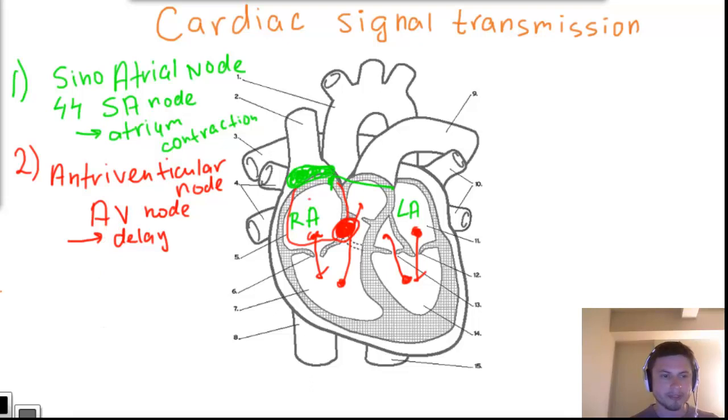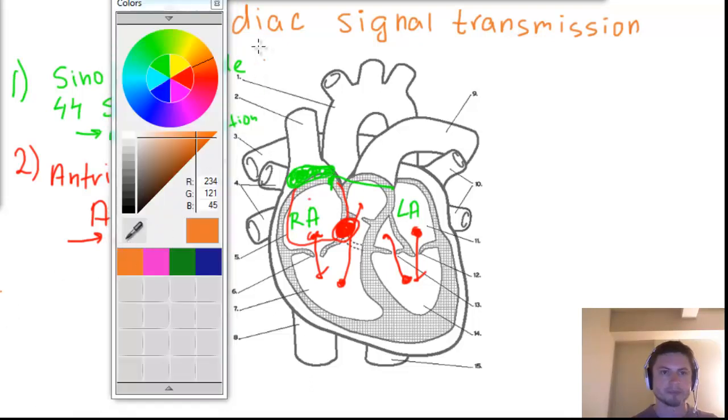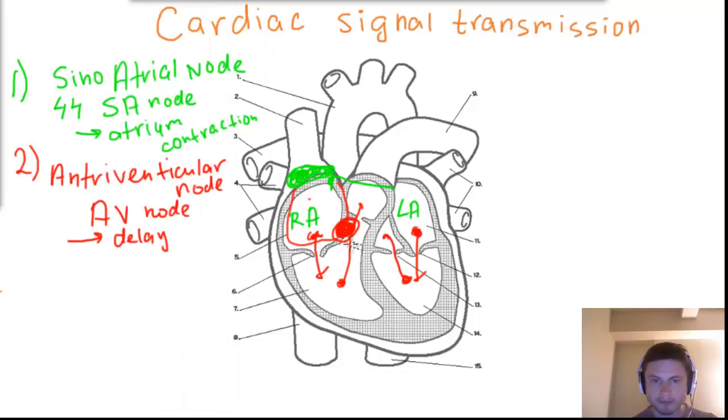Then from the AV node, I'm going to change the color. I'm going to use orange because I'm going for a traffic light here. From the AV node, it goes down over here and over here, in two bundles of nerve fibers. The right one goes to the right side, the left one goes to the left side, and these two bundles have a name.